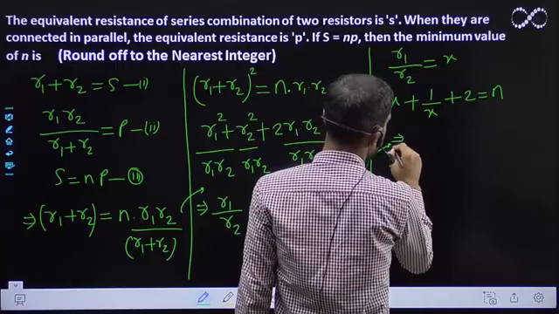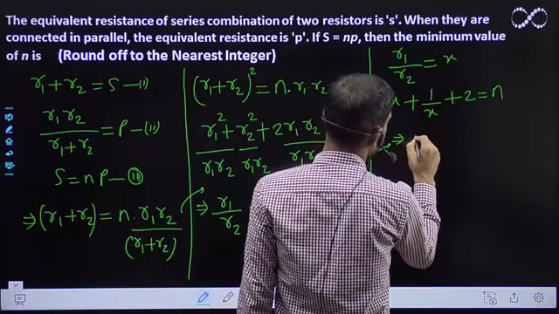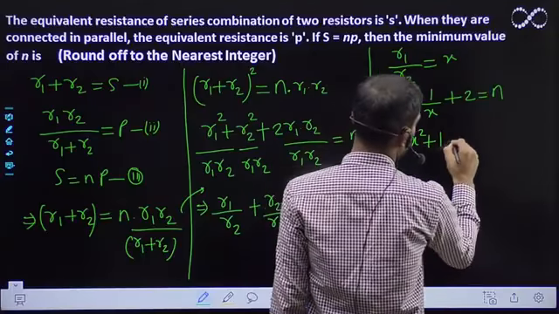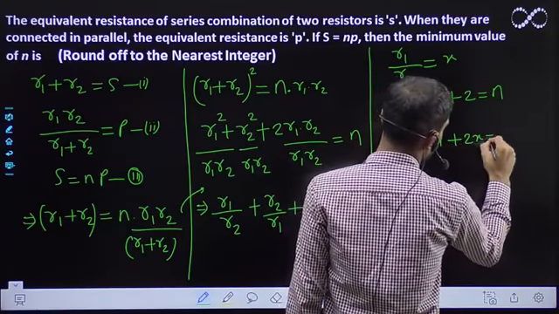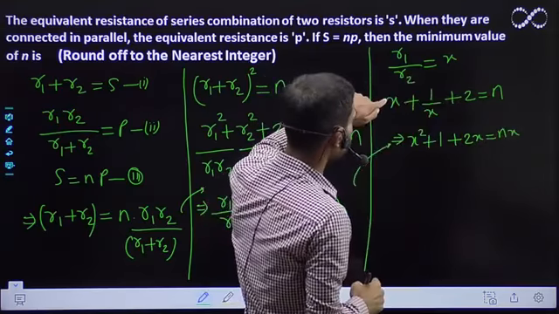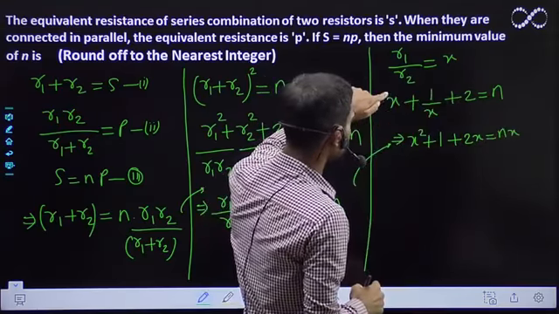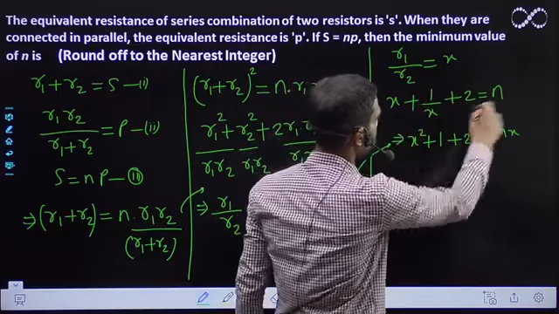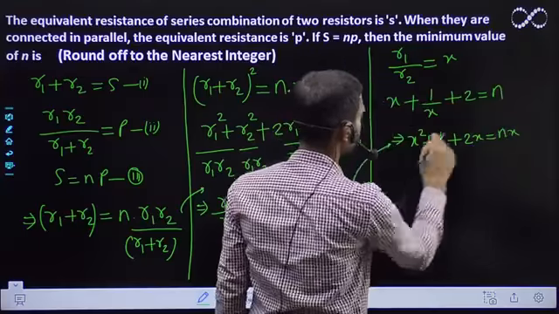So this will become X square plus 1 plus 2X is equal to Nx. You can see, I can multiply the numerator and denominator by X. So this will become X square upon X, this is 2X upon X, and this X can be taken this side. So this will become Nx.